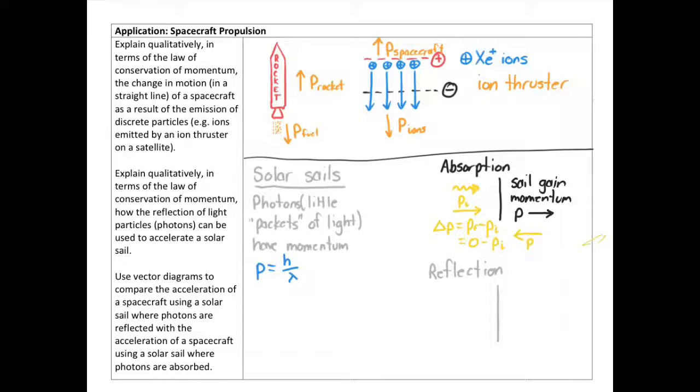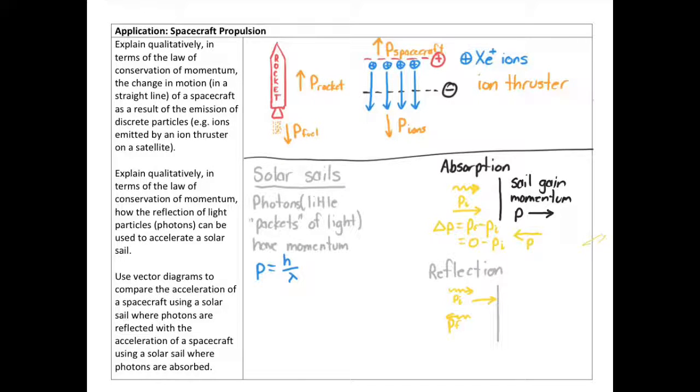However, if that photon is reflected, something rather unique happens. So if we have a photon initially going in, and then that comes off the sail and it's reflected back this way, PF, we can represent that with a vector, so PI would be that going towards the sail.